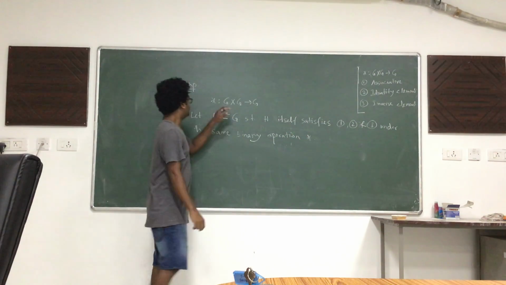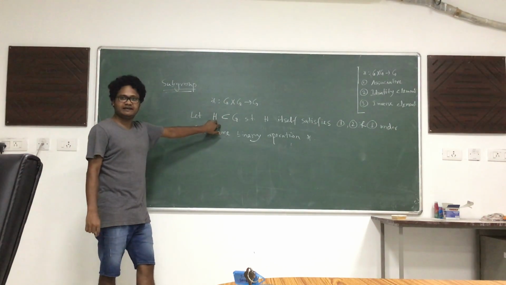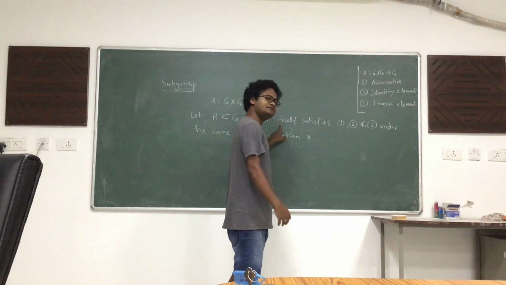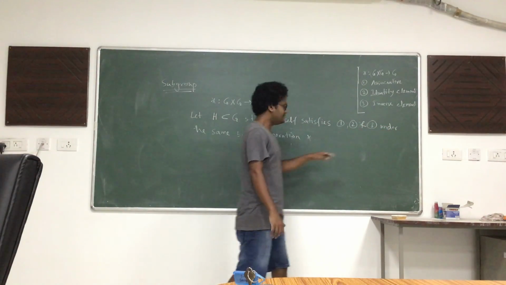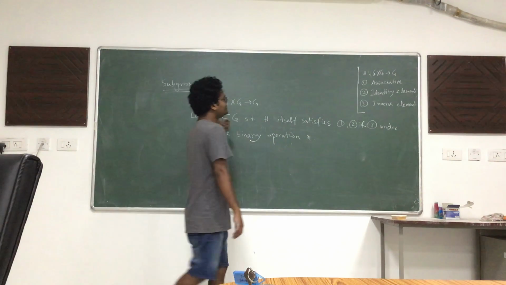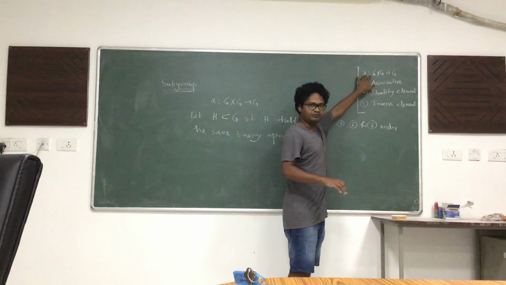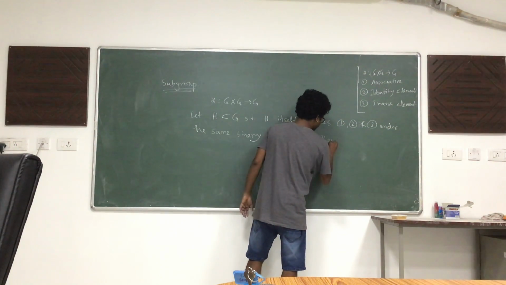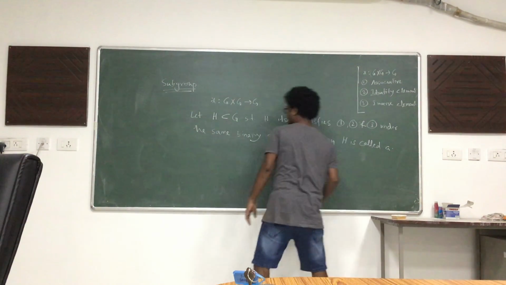Okay, so G is a set and H is a subset, which by itself under the same binary operation satisfies all these three properties. Then H of course is a group, but this group is actually inside some other group under the same binary operation. So then H is called a subgroup.